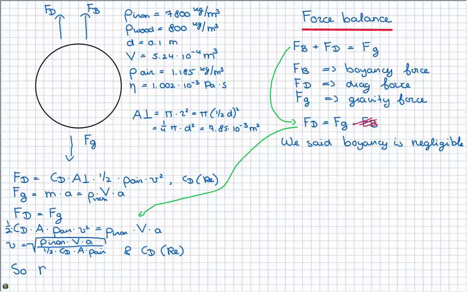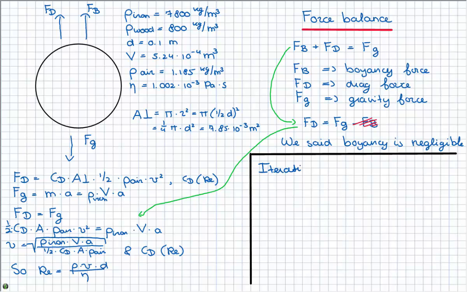And for the Reynolds number, we also know an equation, which is the density, in this case air, times the velocity of the sphere times the diameter of the sphere, divided by viscosity. Then we have to use the iteration process, and I will show you how this works.